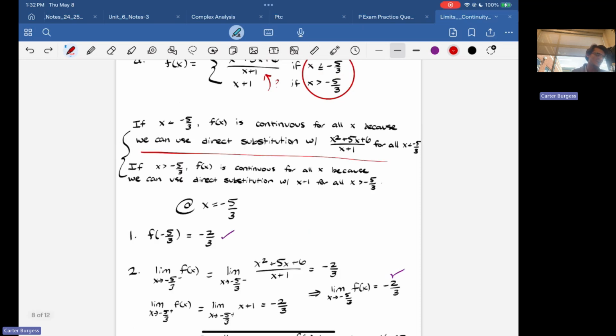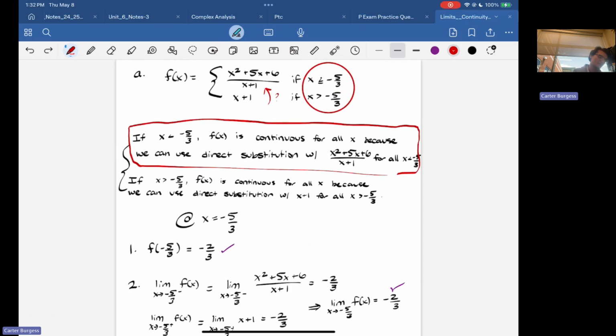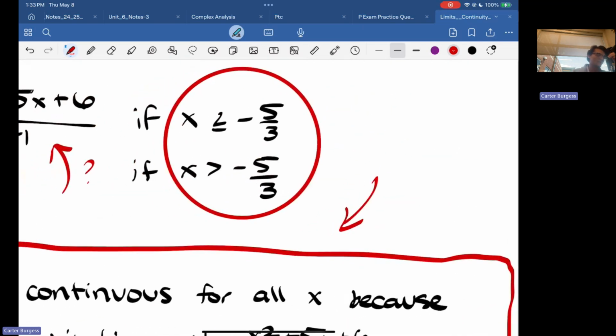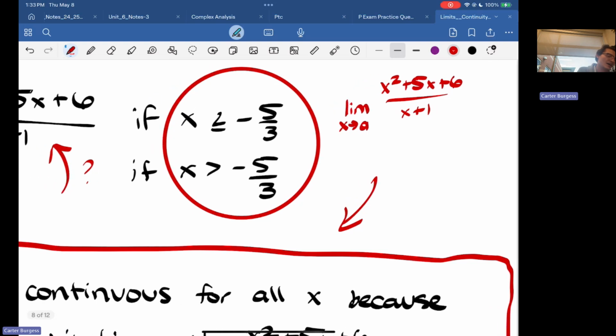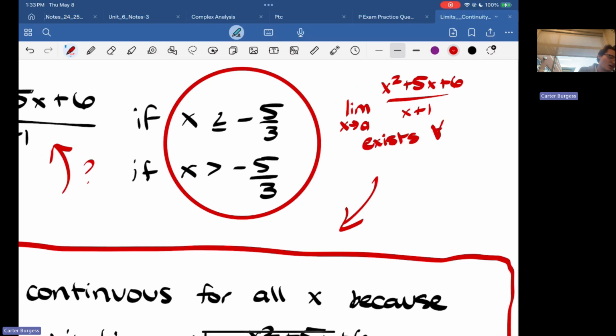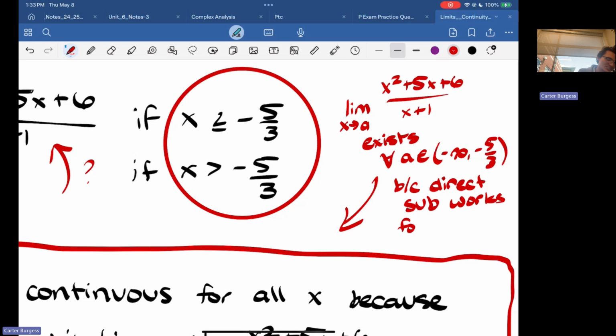You could take this statement that I have written in English, and change it to the limit as x approaches a of x squared plus 5x plus 6 over x plus 1 exists for all values of a that live between negative infinity to negative 5/3, non-inclusive, because direct substitution works for all of these values.